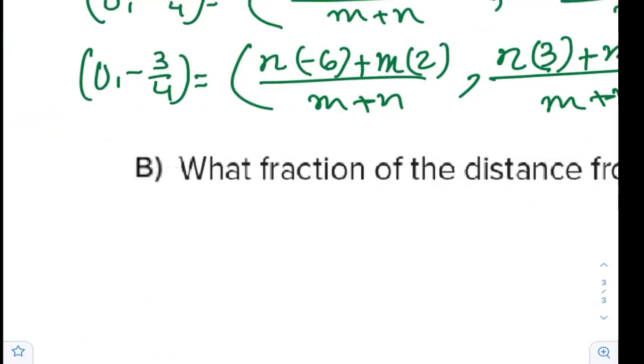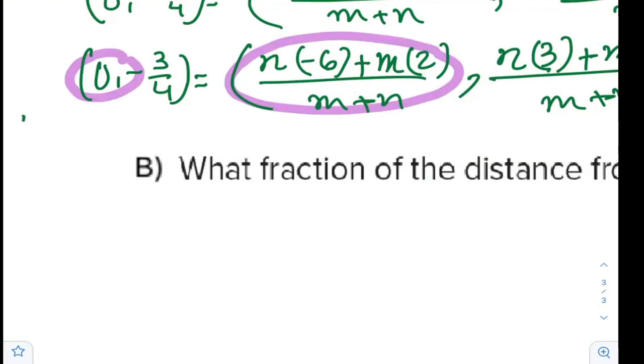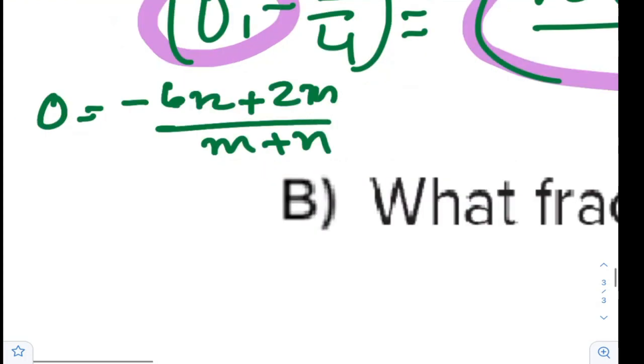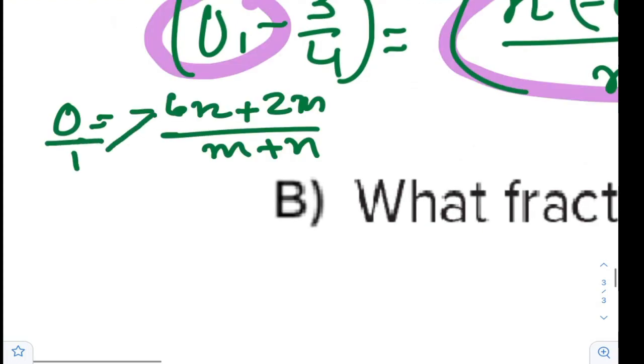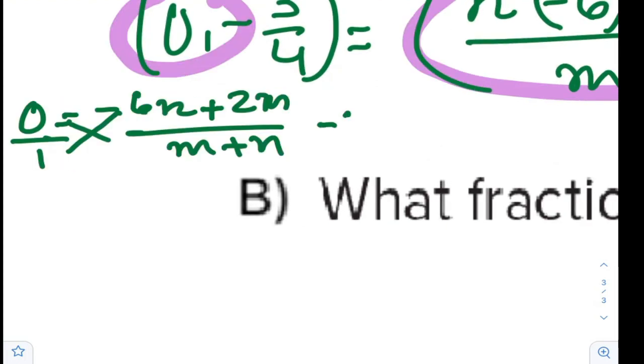So what shall we do? We will take as we have done in the previous exercise. 0 is -6n plus 2m over m plus n. Cross multiplication, -6n plus 2m is 0.